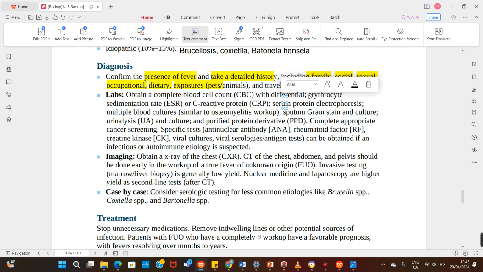We have said that people that are on a catheter can have fever of unknown origin in the healthcare setting, so you must do your urinalysis and culture. Cancer screening appropriate depending on what the person is presenting with. We know the CRAB signs for multiple myeloma: the calcium, the renal failure, the anemia, the bone pain.